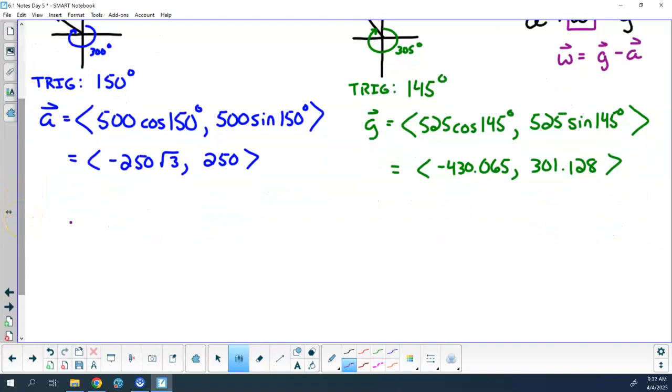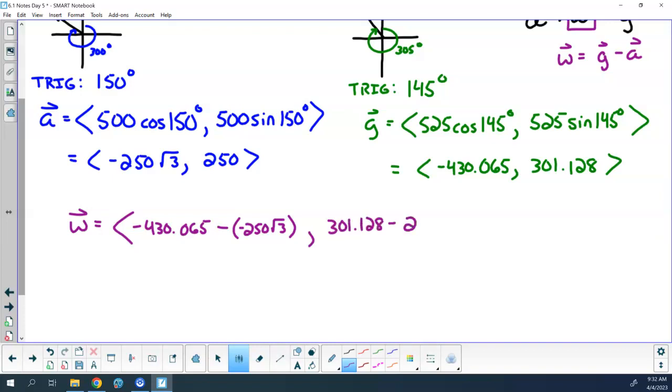So my wind vector is going to be the ground vector, negative 430.065, minus negative 250 square roots of 3, comma, 301.128 minus 250.